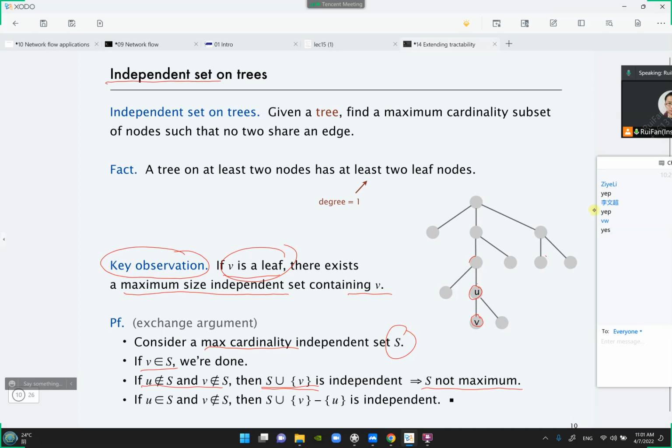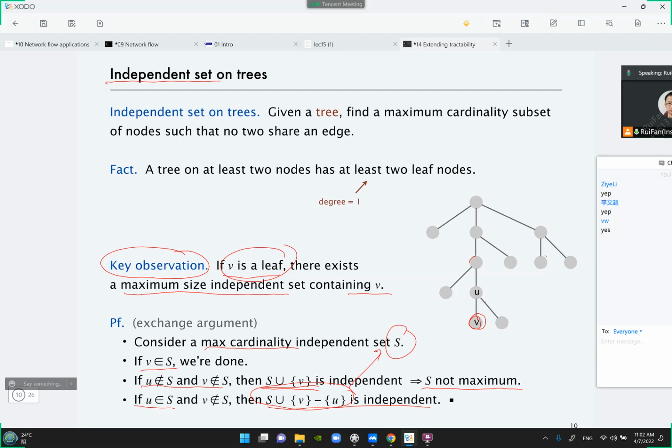And so the final possibility is that U is in the independent set. Here, suppose you already selected U to be in the set, but you did not select V. Now what you can do is take U out and replace it with V. Instead of having U in the independent set, you put V in there and take U out, and this is still independent, because V can only conflict with U, and we took out U. This set has the same cardinality as your original S set, because you took one node out and put one in.